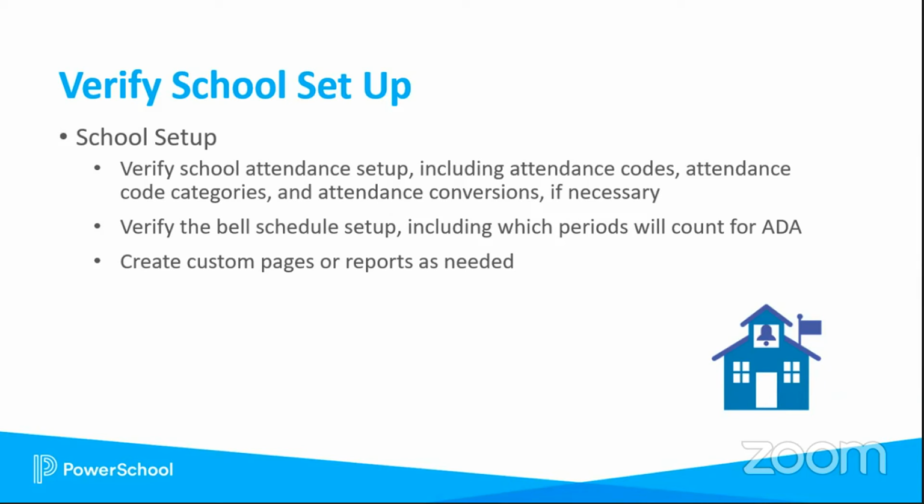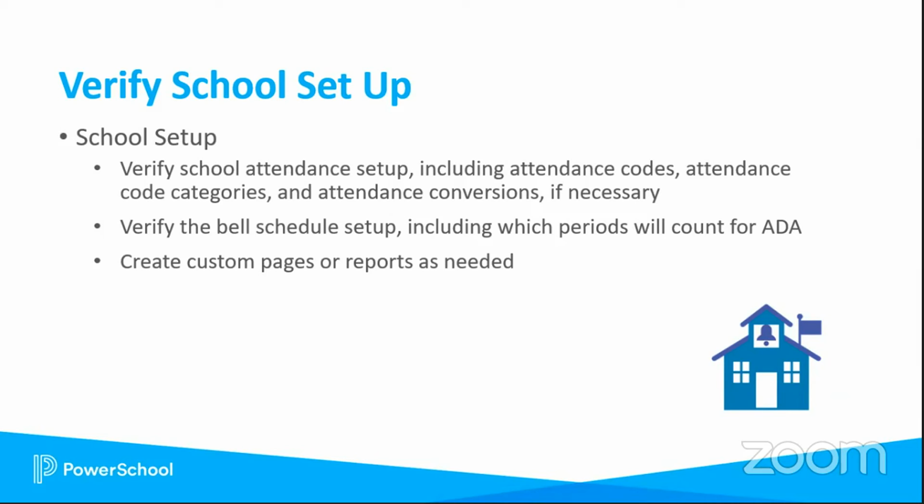You also need to look at your attendance conversions. Everybody in Alabama should be using the percent time to day attendance conversion, and 51% would be equal to 1. 51% is present, less than 51% is 0 or absence for the day.